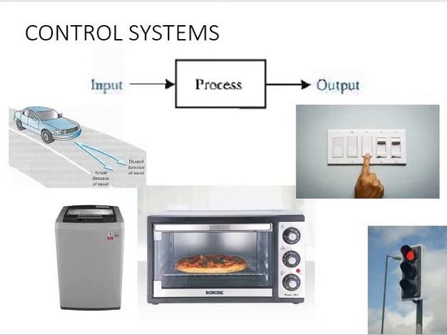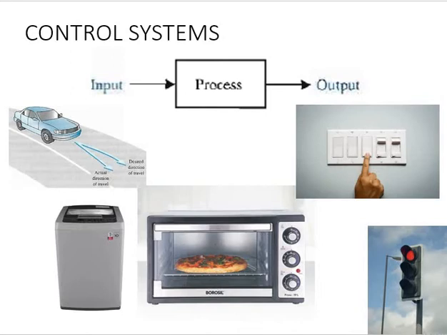We control the speed of the car by pressing the accelerator. The accelerator is connected to how much fuel is supplied to the engine. There it is processed, and after processing the speed output comes.